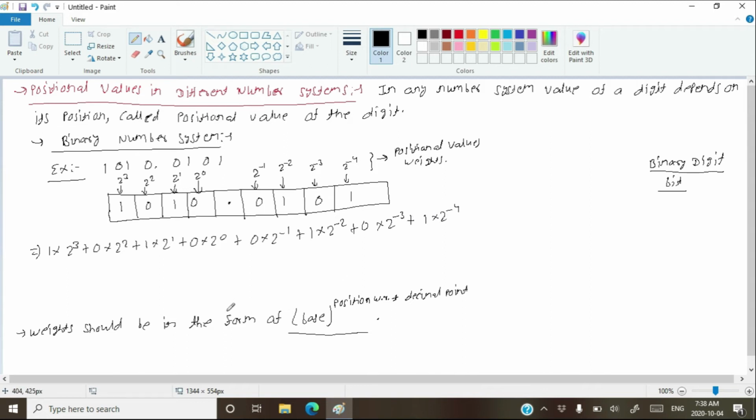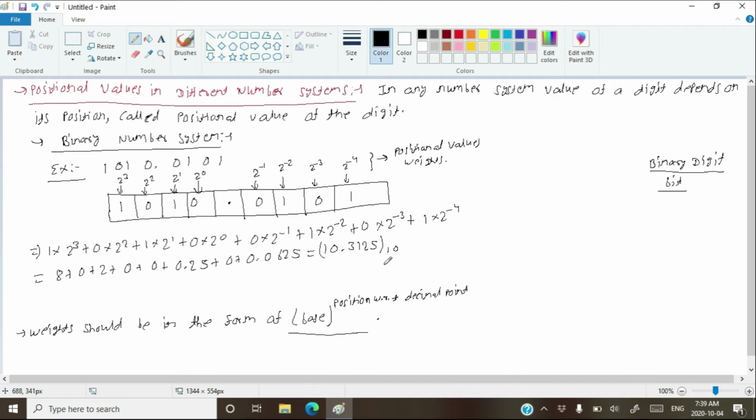If you do like this, and if you multiply all of them and add all of them, then you will get something like this: 8 plus 0 plus 2 plus 0 plus 0 plus 0.25. Okay, 1 by 4 is 0.25 plus 0 plus 0.0625. Okay, and which is equal to 10.3125 in decimal.